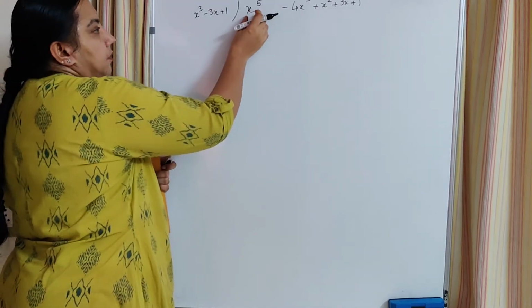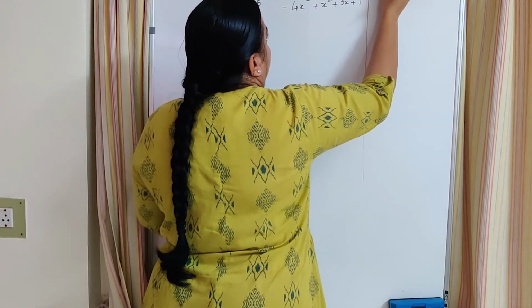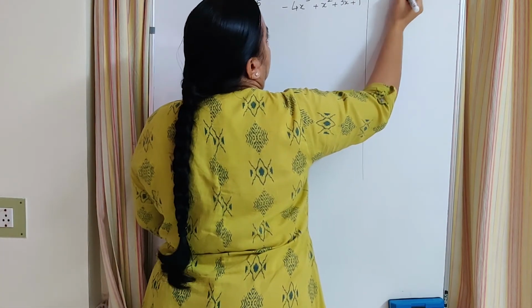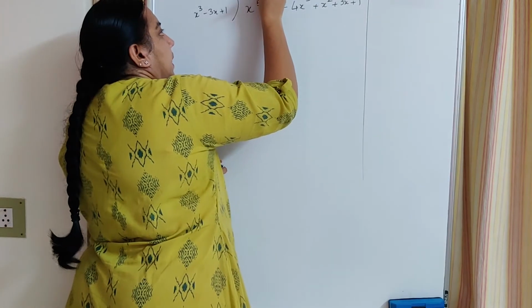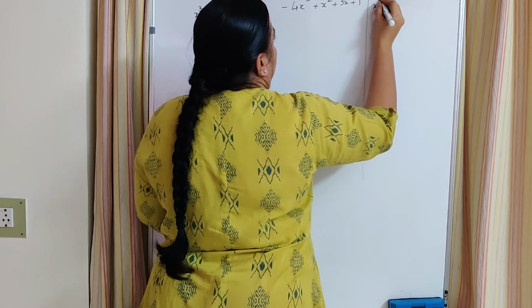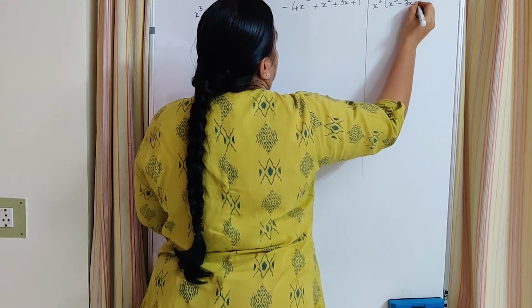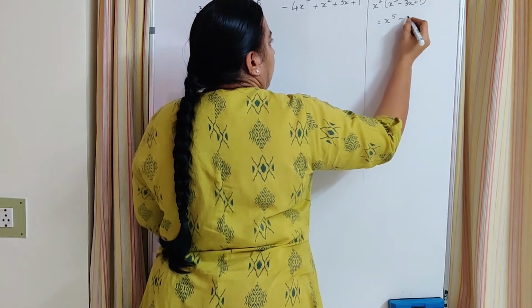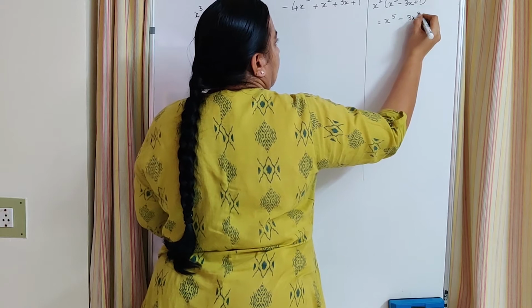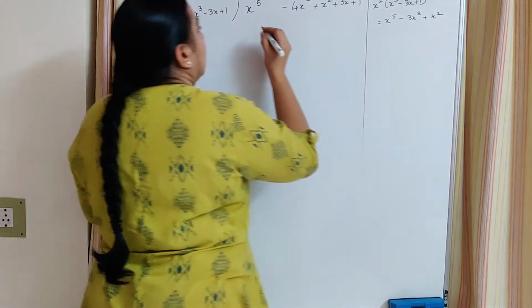I will take the first term, x power 5 divided by x cube, and it's equal to x square. So I am writing x square. Then I multiply x square into x cube minus 3x plus 1. When I multiply, I get x power 5 minus 3x cube plus x square.